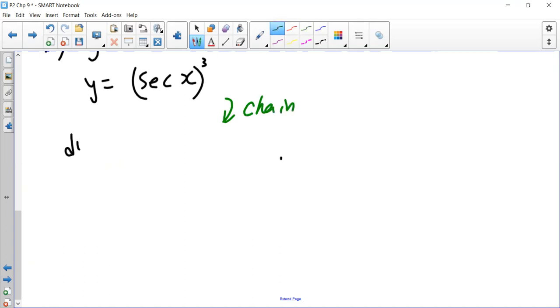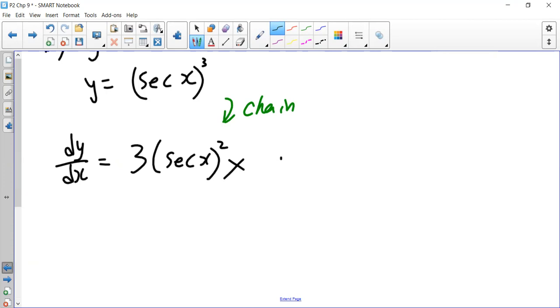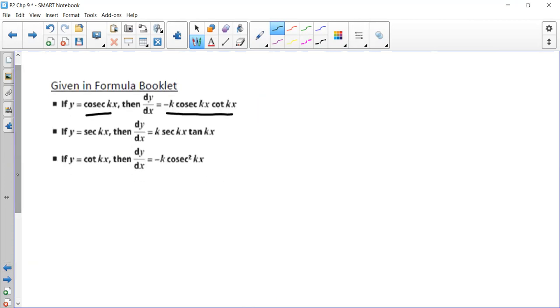Differentiate from the outside to the inside. First, differentiate the power of 3. So power of 3 means multiply by the power, then power minus 1, times, inside, you see a sec x. And then you look at the formula booklet, the derivative of sec x is sec x tan x.